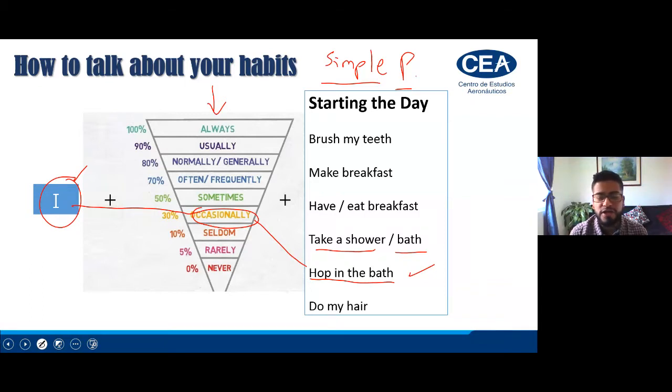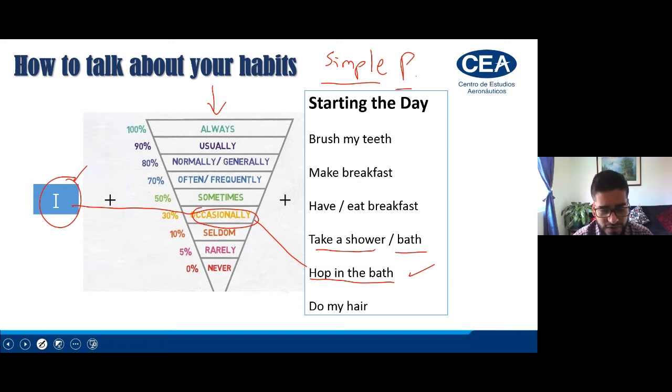So I occasionally hop in the bath. That is, you run, you take a very quick shower, and you have to go and put your clothes on and go to work. So I occasionally hop in the bath. This is one other expression that you can use when you don't have enough time, you have to run with some things.